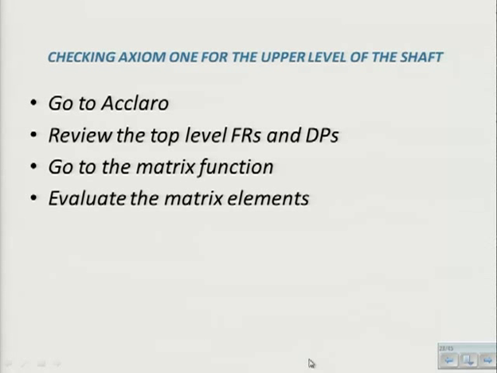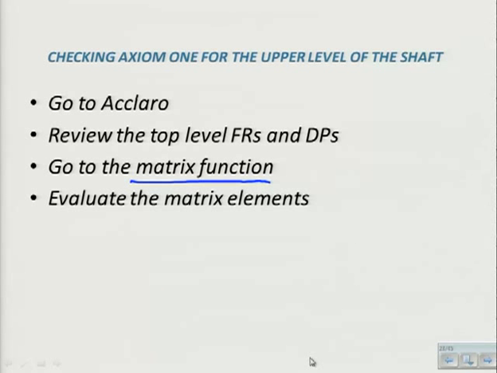All right, so what would be good to do now, and this shouldn't take too long, is take a look at the shaft and check axiom 1. There's a matrix function that you can see up in the upper bar, a little thing that looks like a matrix. If you click on that, your Claro screen should go from the list to the matrix, and you can go back and forth. So then get some practice putting X's and O's in your matrix elements.